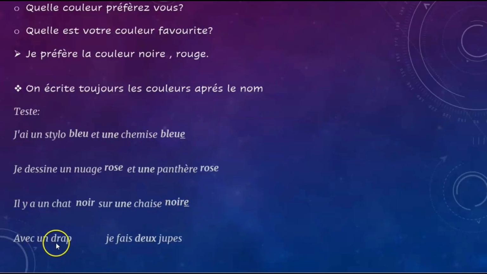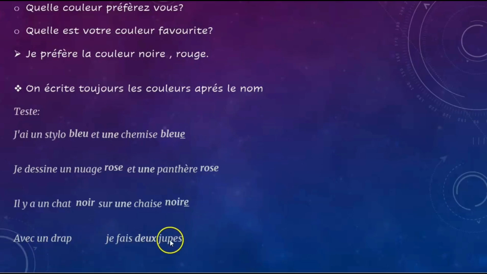Finalement, avec un drap dash, je fais deux jupes dash. Drap means sheet, bed sheet. And jupe means skirt. So two jupes, two skirts. So a drap is masculine, so masculine form of the color would be used.